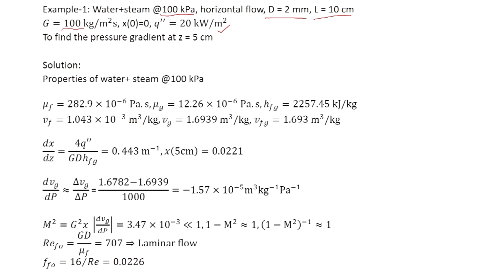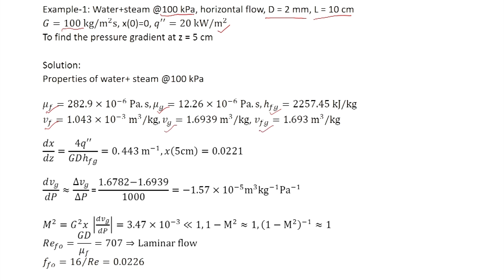So, we evaluate properties of water and steam at 100 kilopascal. The mu f, mu g and HFG, we have Vf, Vg and Vfg.